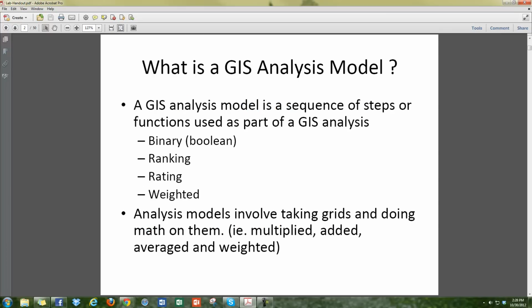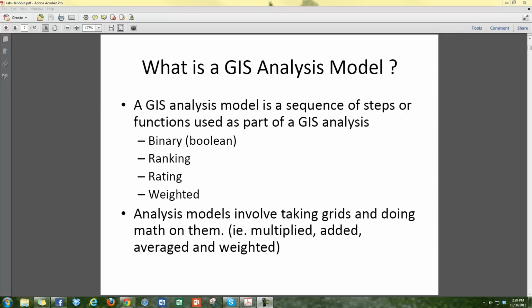So what is a GIS analysis model? A GIS analysis model is basically a few steps and functions that we're going to use in our GIS platform to analyze some kind of real-world event. There are different ways we can do this modeling. There's the binary, which is Boolean.